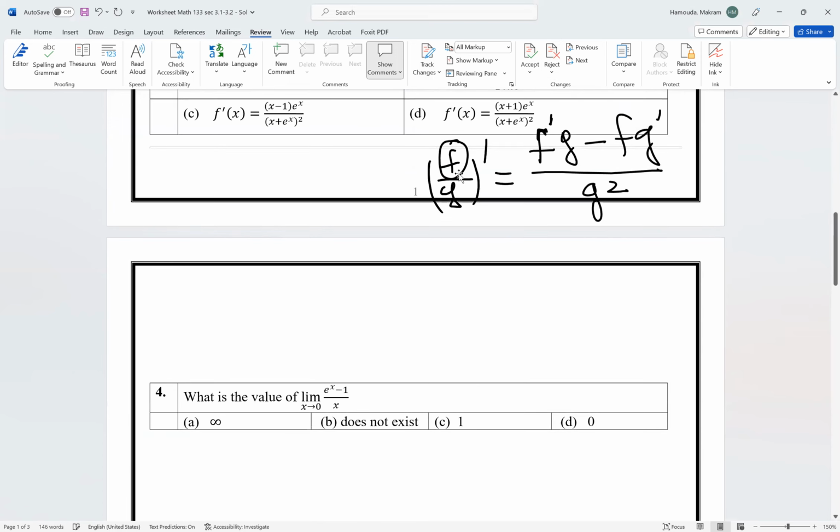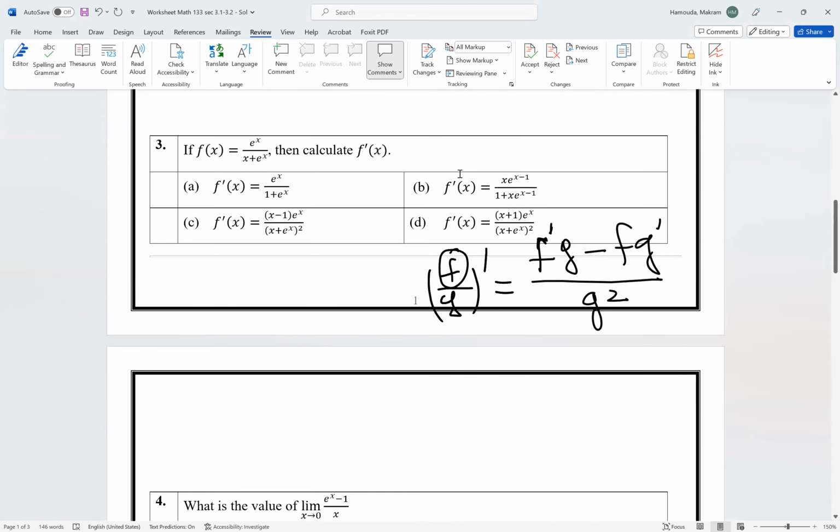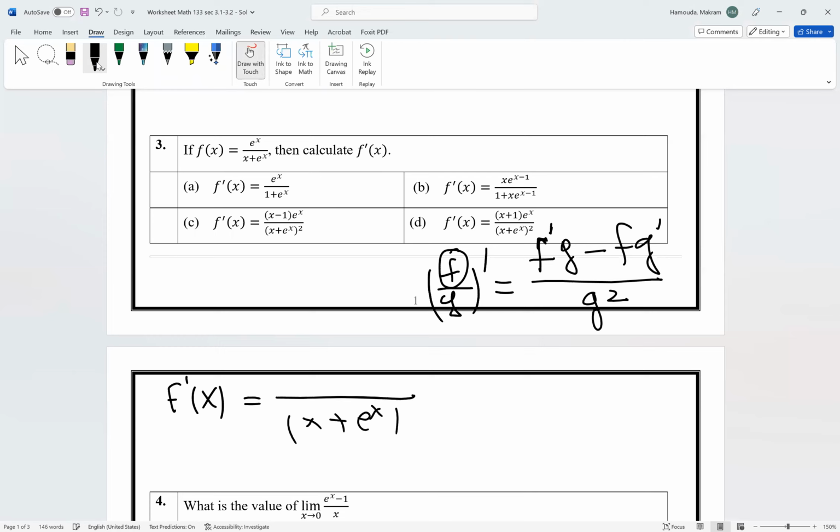Now, when we apply this rule, I have f prime of x equal to, first I put my denominator squared, so (x plus e^x) squared.